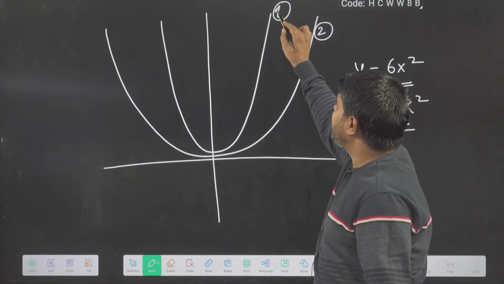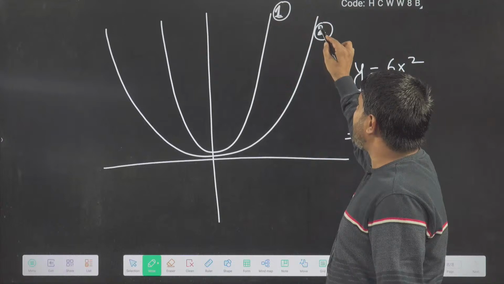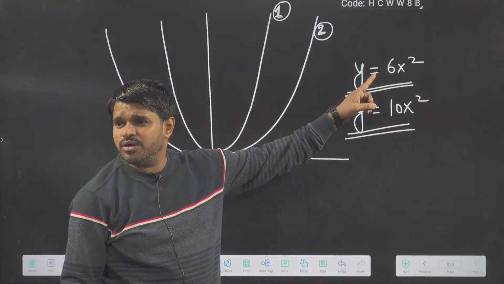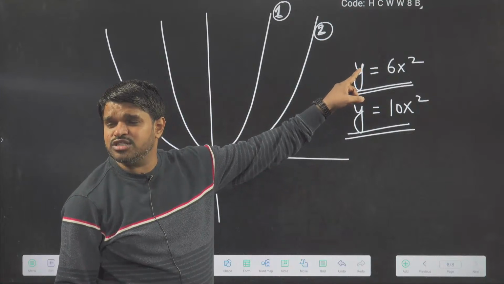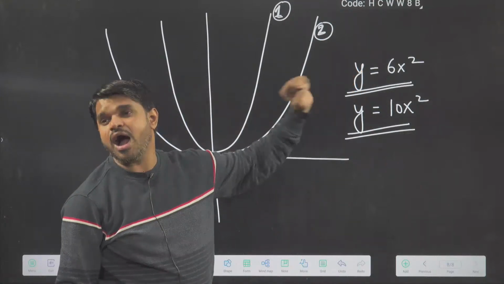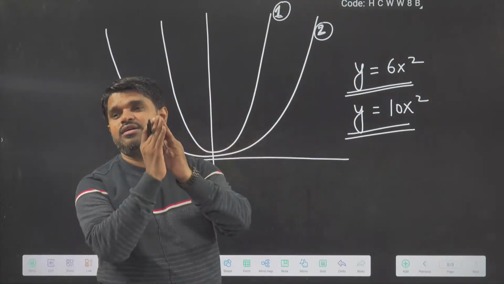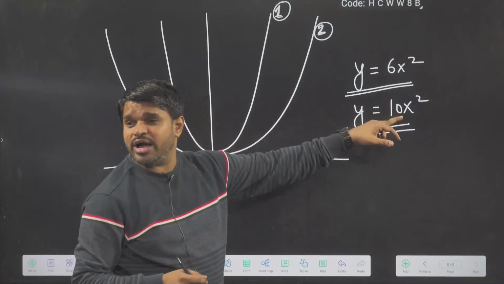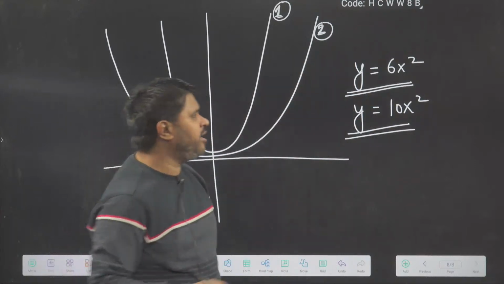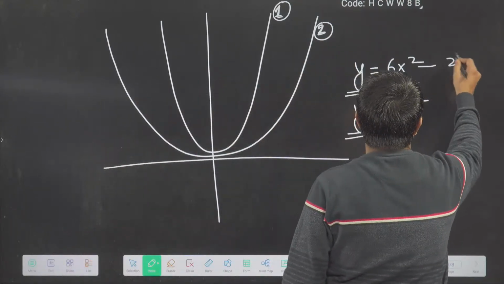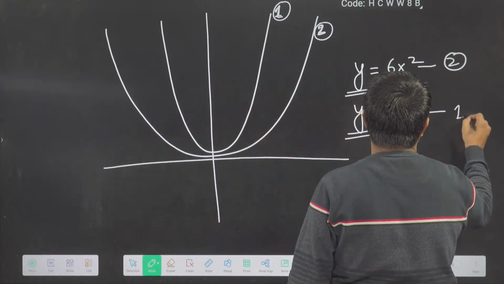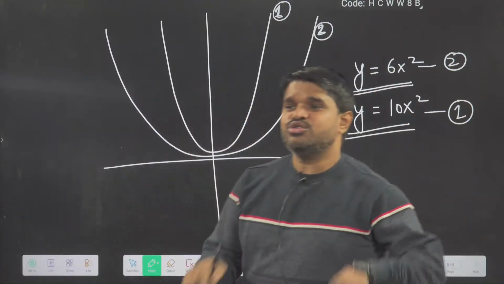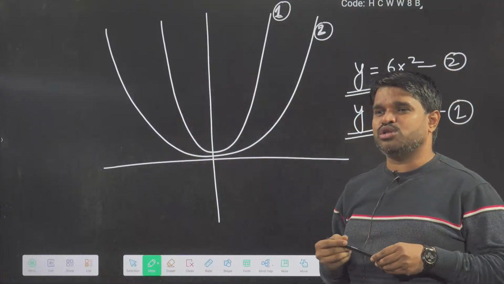Numbering I have done: the inner one is first and the outer one is second. 6x squared is which parabola? 6 will be the outer one, because its coefficient of x square is less. And 10x square will be inner. So 6x square is the second parabola and 10x square is the first parabola. Is it clear? Done. So now you can compare two parabolas also.